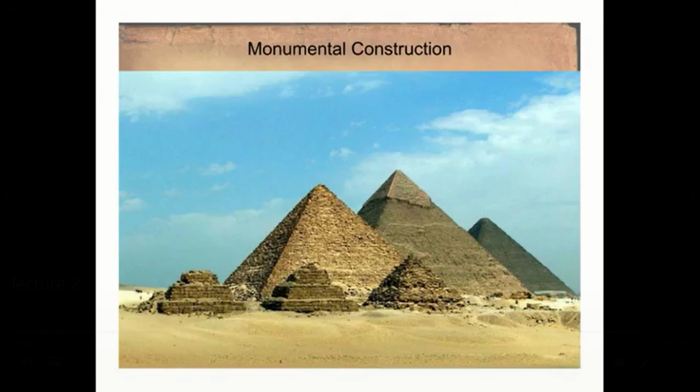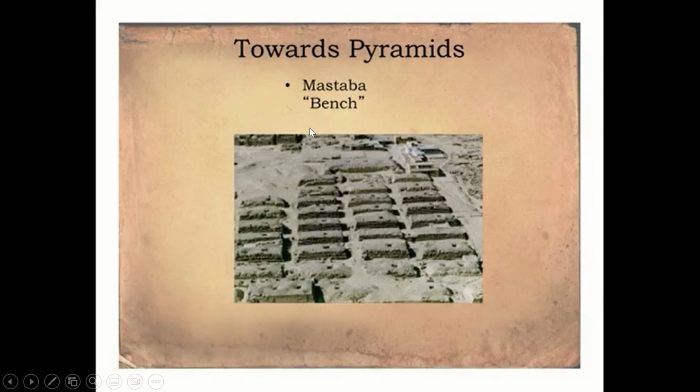So as we move into talking about the pyramids, we need to see where they started, which was this idea that they buried the wealthy on these mastaba benches. It's called a mastaba bench, which is basically a rectangular platform, right? And common people, they just kind of threw them in a hole in the ground, and there's nothing fancy about it.